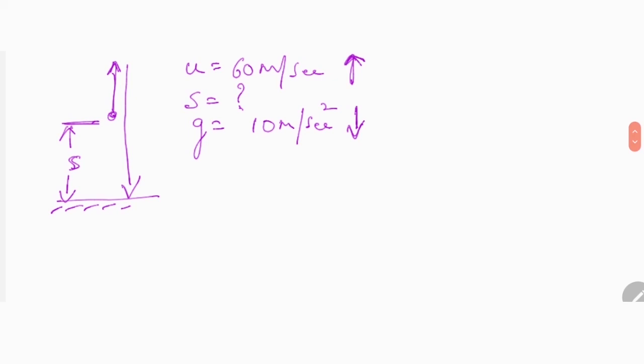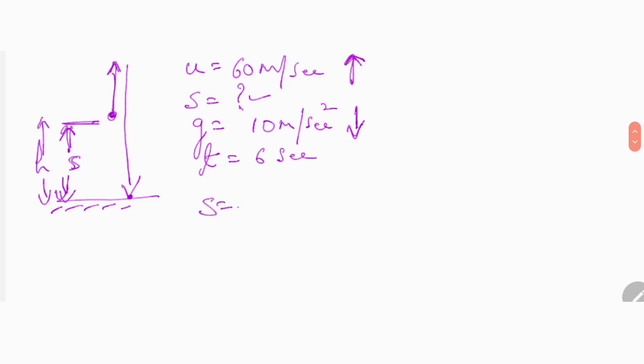And let us say the entire time taken for the ball to travel from being thrown up to reaching this point is 6 seconds. So we have to calculate how high is this platform. Again, very simple, let's apply our formula.